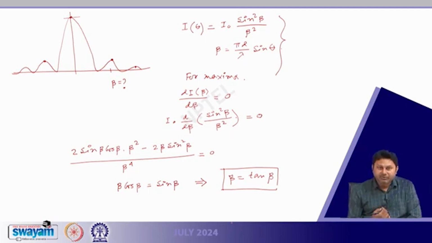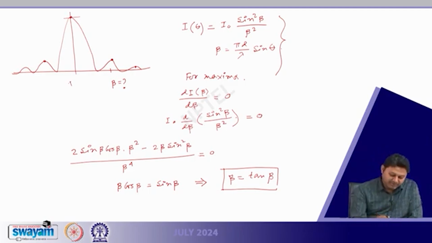So, if I manage to solve this equation, it gives me the values of beta for which this structure has a maxima. Obviously 0 is a solution. You can see if you put beta equal to 0, the left hand side and the right hand side are equal, and the 0 solution is for the principal maxima, which is this point.